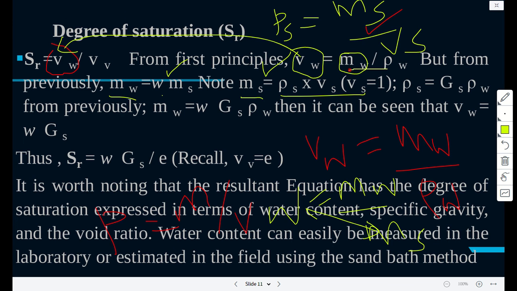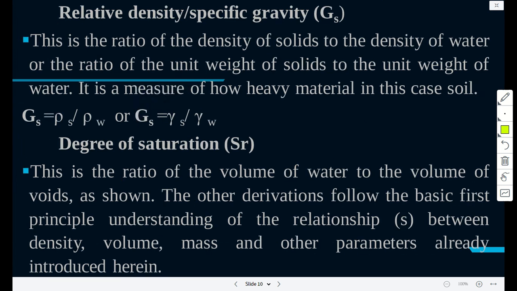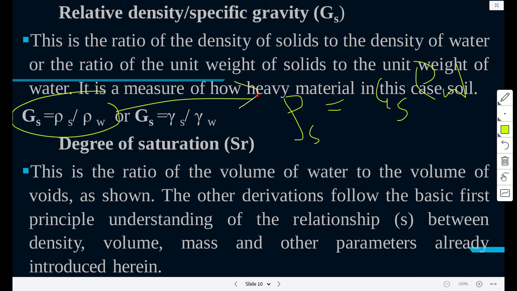But we are talking about a specific volume, so therefore the mass of solid is just the density of the solid. And the density of the solid, we can go back here, is the specific gravity of the solid times the density of water.